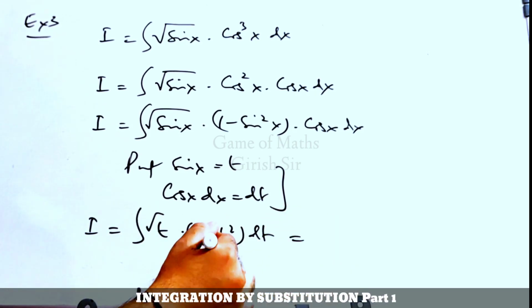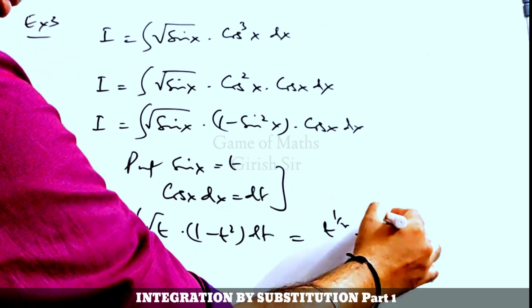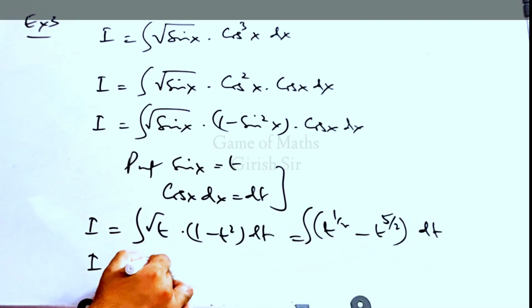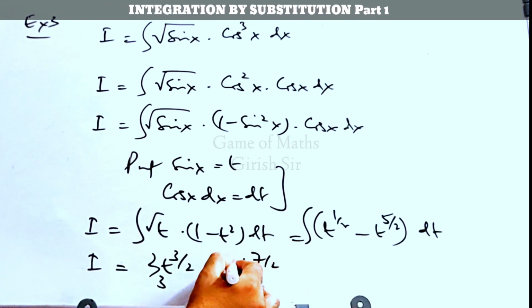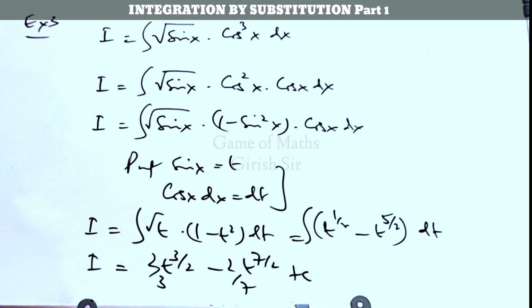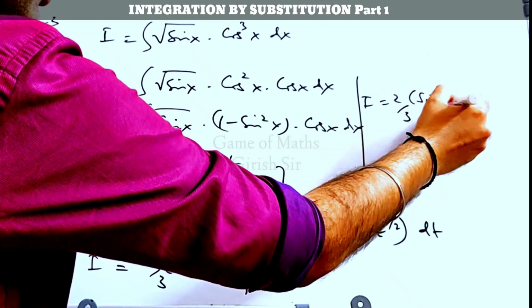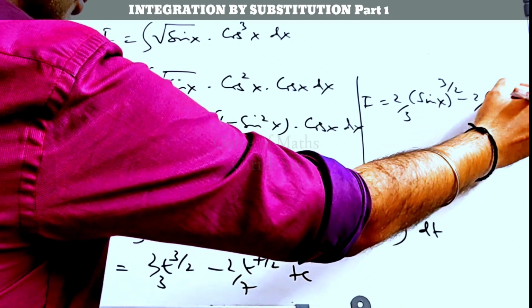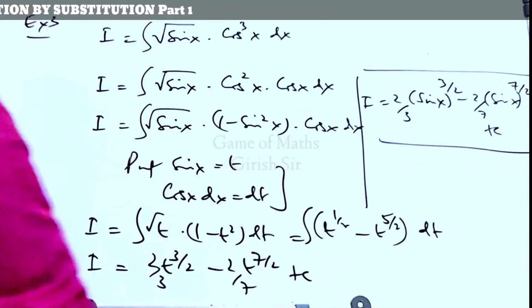This can be written as, if you multiply the terms, this is what we get, and after integration this is what we obtained. Then we put back the value of t, so I'll write the answer here. This would be the final answer to the question.